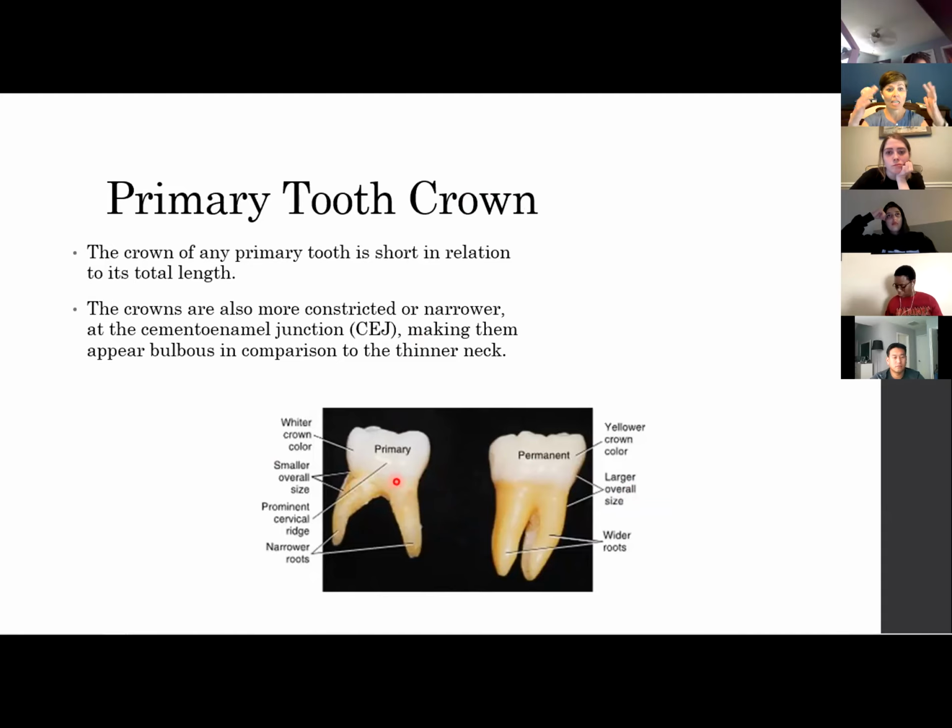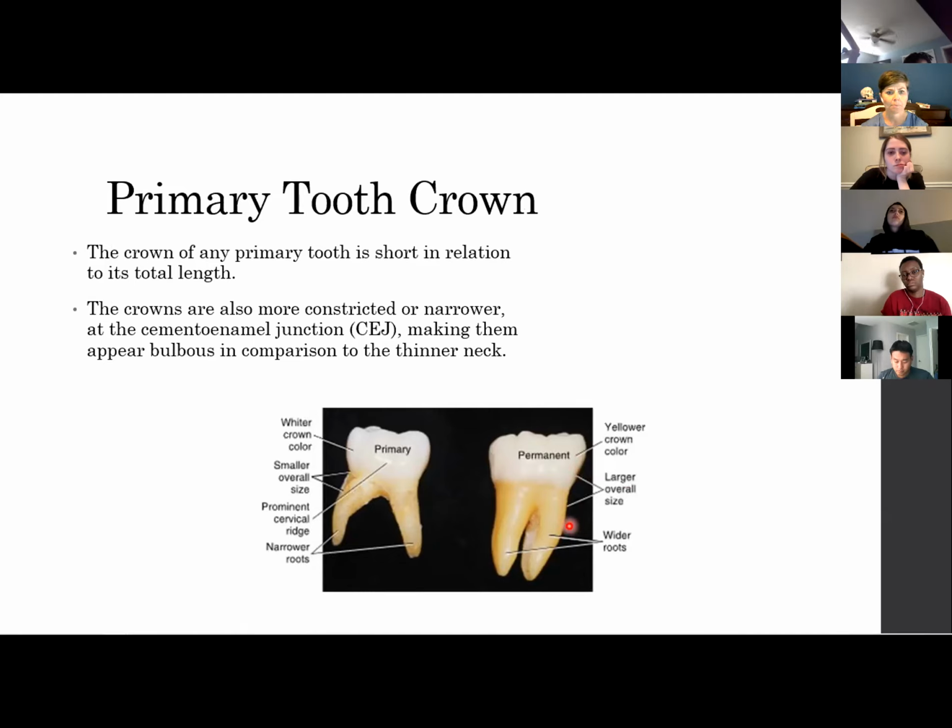It's not as tapered as the permanent crowns. Do you see how it kind of tapers in? So it looks like a bulbous crown with a thin neck, whereas here the neck is all the same size.